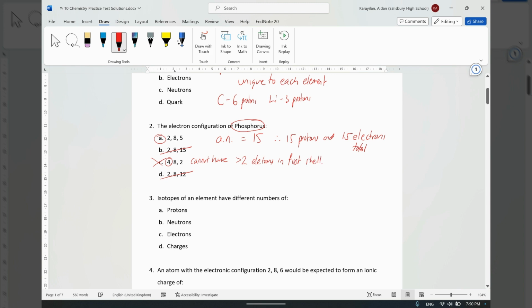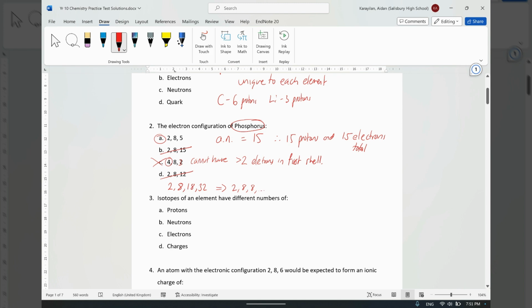So assuming this was 4, 8, 3, meaning a total of 15, we cannot have that because this first shell is wrong. So remember that we have 2, 8, 18, and then 32. These are the absolute maximums you can fit in each, even though normally we're going to expect to see something like 2, 8, 8, and then maybe 2 or more.